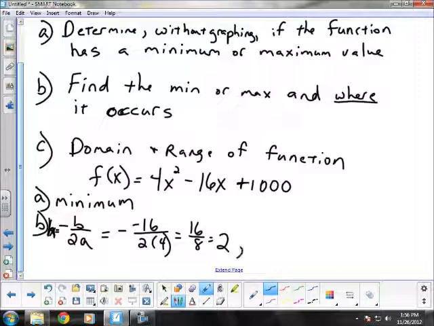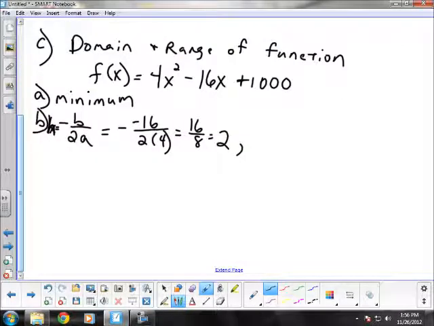Now, the other piece of that number 8 says it wants you to find the actual minimum or maximum. So how am I going to do that? You have to find the k. And how do I do it? Plug the x back into this equation. So I'm going to find 4 times 2 squared minus 16 times 2 plus 1,000.